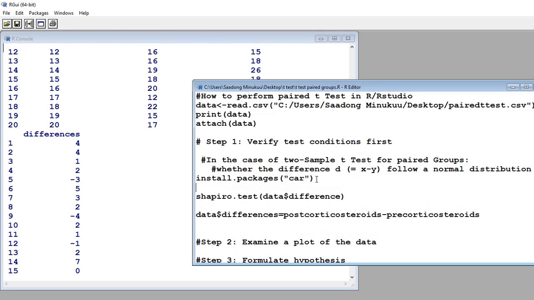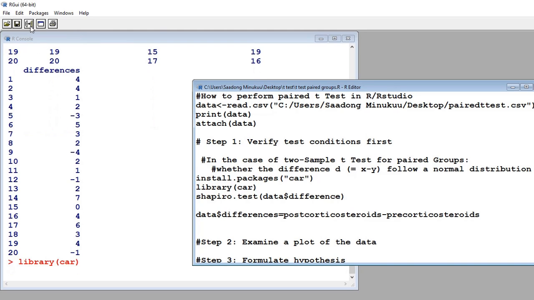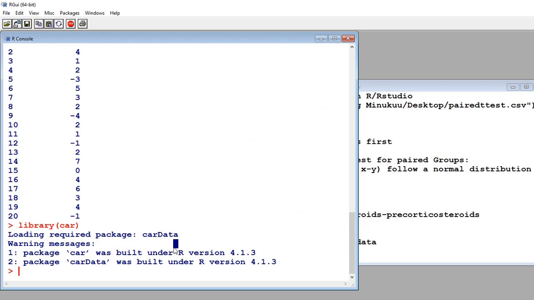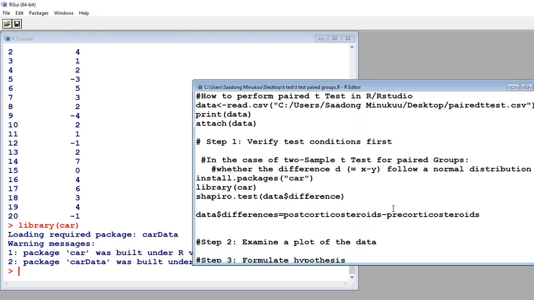And after installing car, you load it into your R library by simply saying library into brackets CAR. I've done that one too, but if you want, I'll still load it. So I simply load it, and after loading the package car, this package contains the shapiro.test command that we use to perform the Shapiro test of normality.